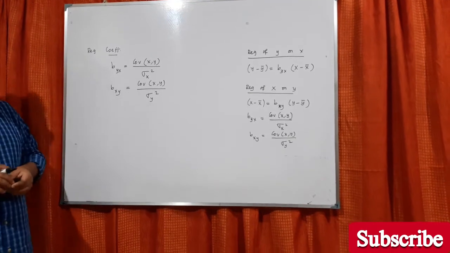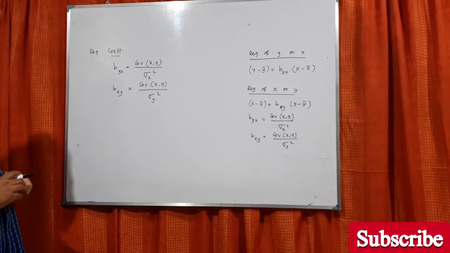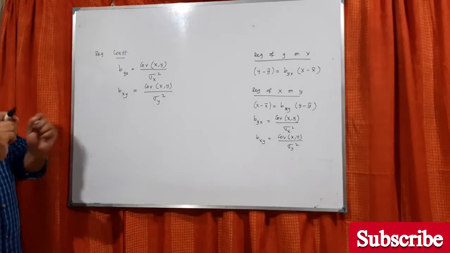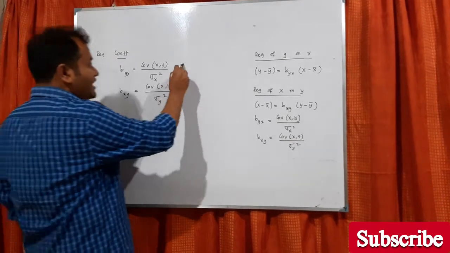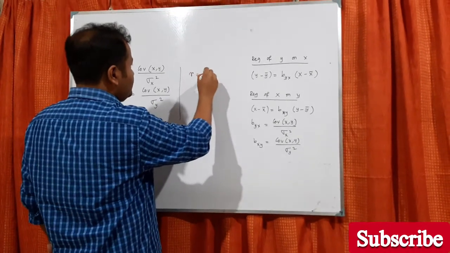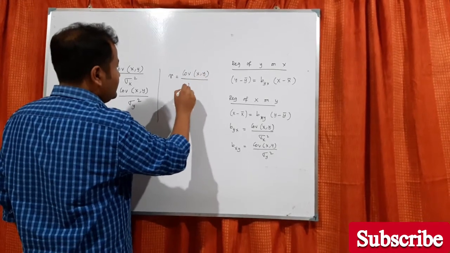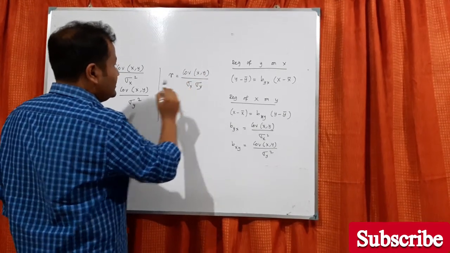Now we know that there is something related to covariance and the correlation coefficient R. What is the formula? R equals covariance of xy divided by sigma x sigma y.